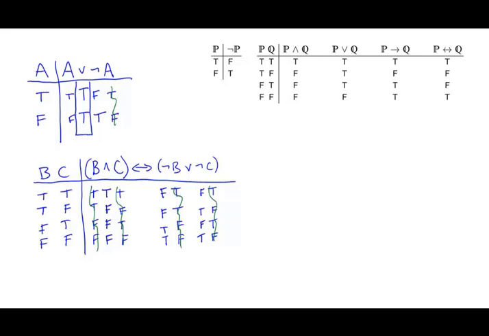And then looking at those 2 remaining columns there, we can calculate the value of the disjunction. We've got an F and an F, which is the only way a disjunction comes up false. We've got an F and a T, the T makes it true, a T and an F, and 2 T's. So now we're looking here and here to calculate the value of the whole, and we've got T and F on a biconditional makes it false, F and T makes it false.